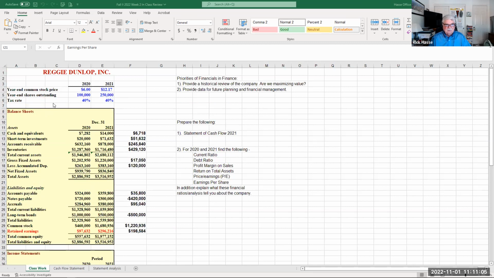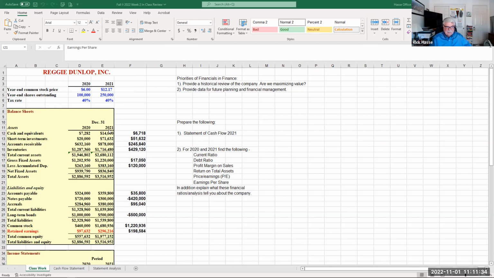Also given is the amount of shares of common stock outstanding of this company. In 2020, they had 100,000 shares of stock outstanding, in other words, owned by the public. And as you can see at the end of 2021, they've issued now 250,000 shares of stock. So it looks like in 2021, this company got some capital by issuing 150,000 more shares of stock.